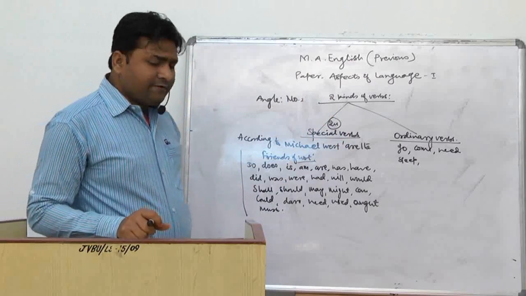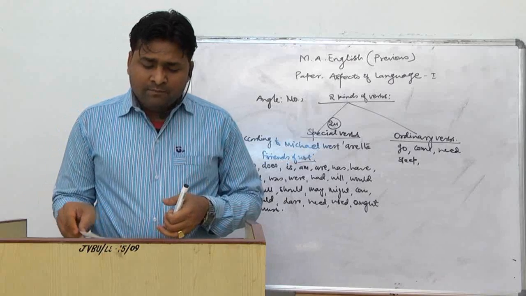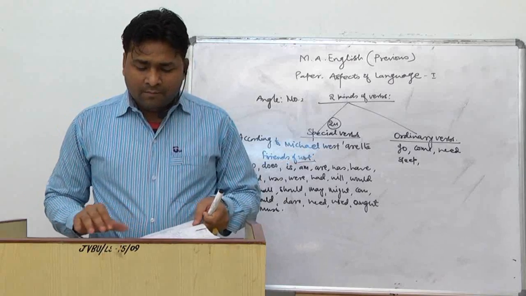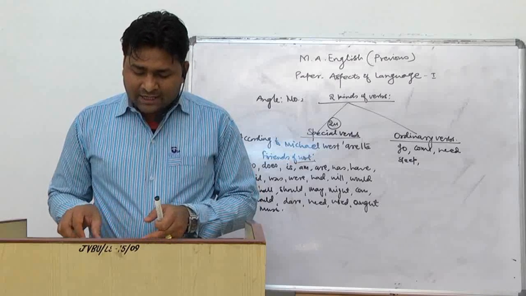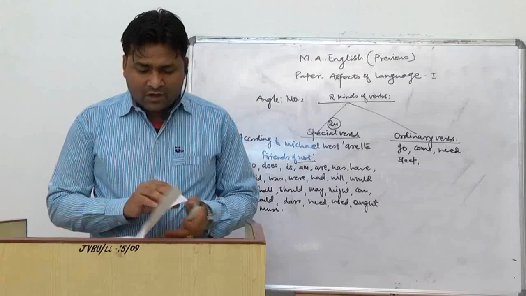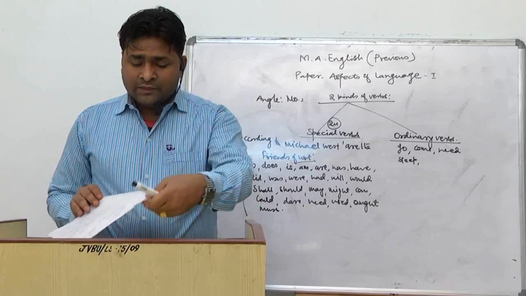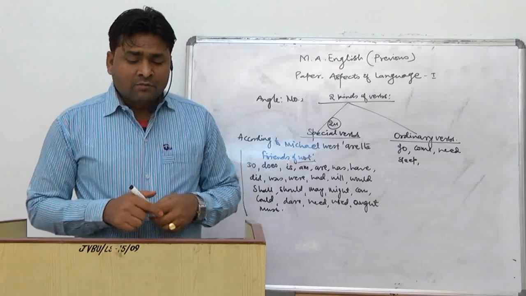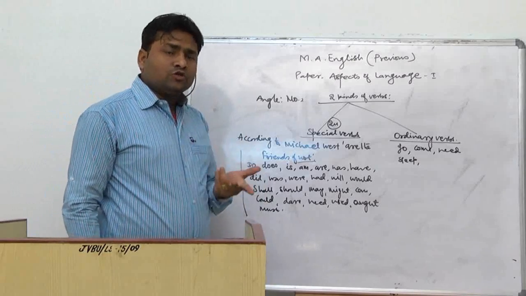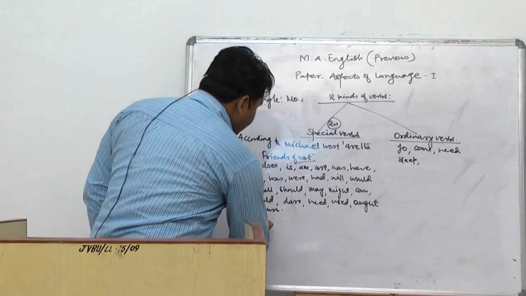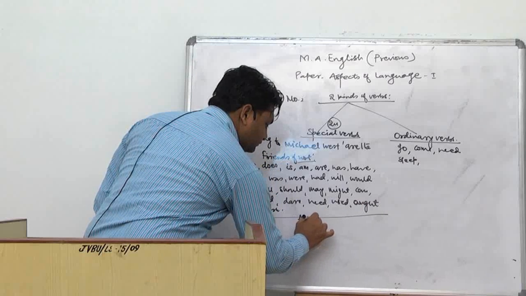Now, the difference between the special verbs and the ordinary verbs will be very clear to your minds, because now we have understood what are the ordinary verbs and what are the special verbs. One thing also that we have to understand: because along with these verbs we can use not, that is why these verbs are called anomalous finites.